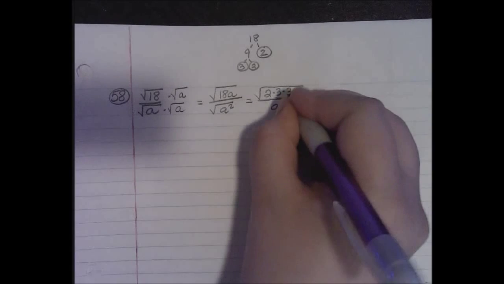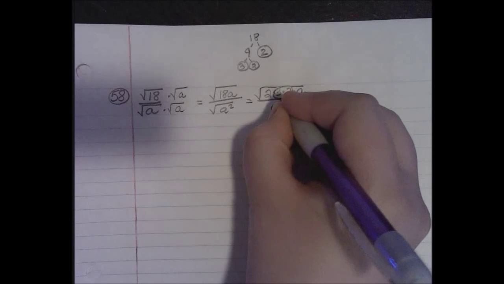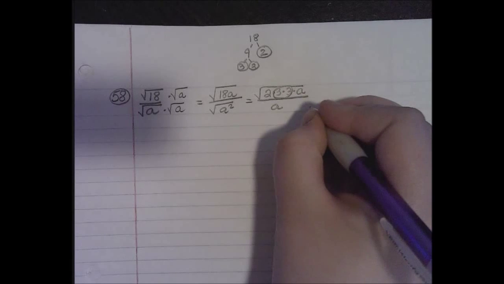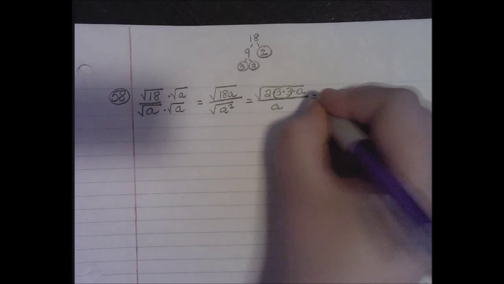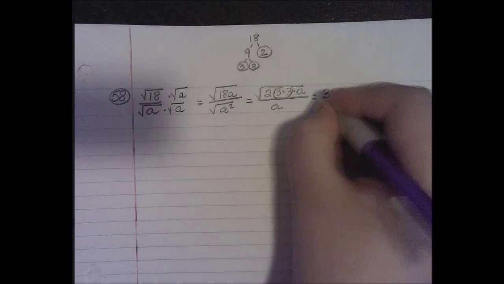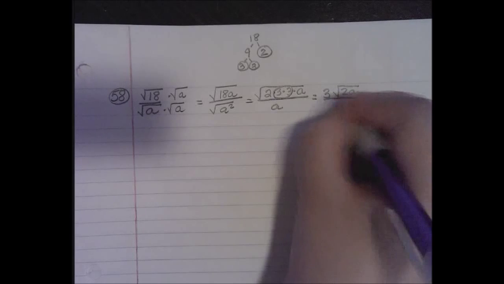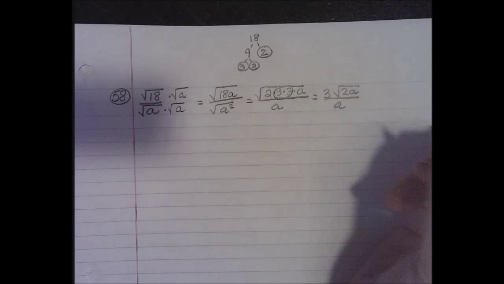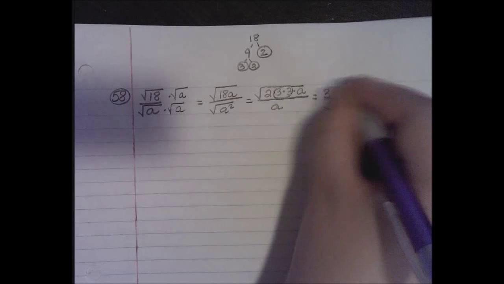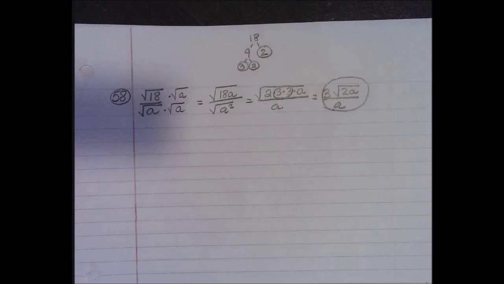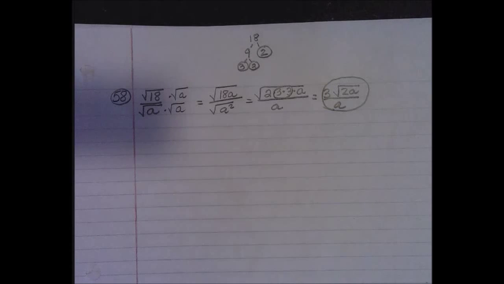So a pair of 3's will come out because we need 2 of a number to release it. So we now have 3 times the square root of 2a over a. We are now finished. Nothing else will simplify, and we have met our goal by getting the radical out of the denominator. So now we are going to move to number 60.